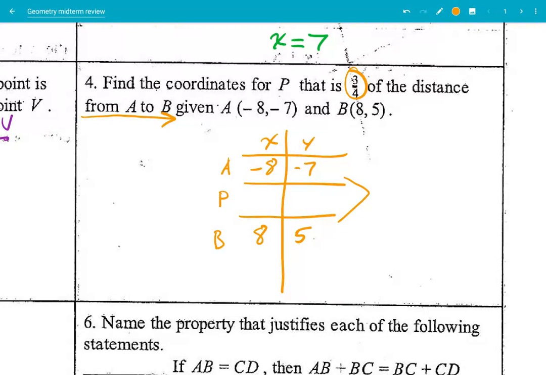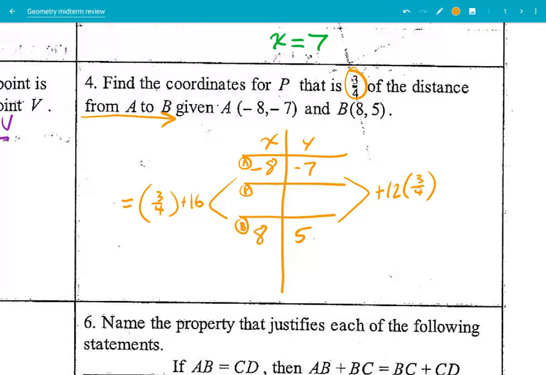So how did we get from -7 all the way up to 5? We went up 12. Erase these just for now. You know what? We're going to put them right here. How did we get from -8 all the way up to 8? We went up 16. So we are going to multiply each of these by our fraction. And that'll give us 3/4 of 16.